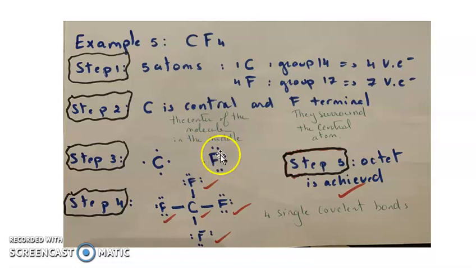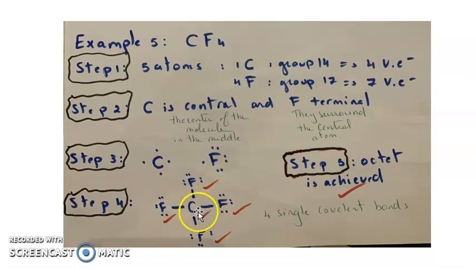How many bonds can each fluorine have? Only 1, because it has 1 single electron. What about carbon? It can have 4 single bonds. So you put carbon in the middle, 4 valence electrons around carbon, fluorines terminal to the sides.